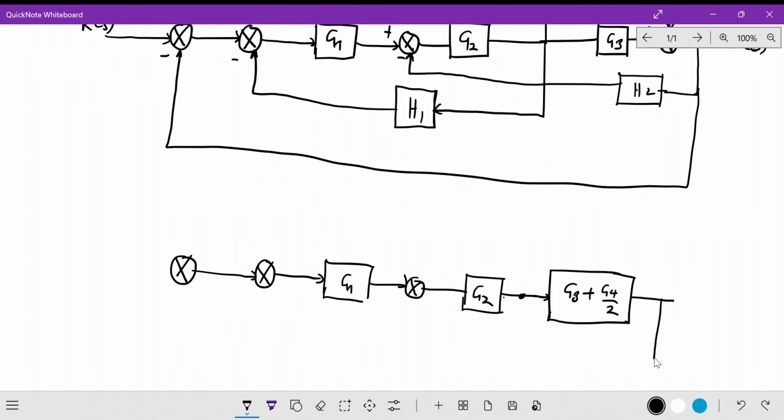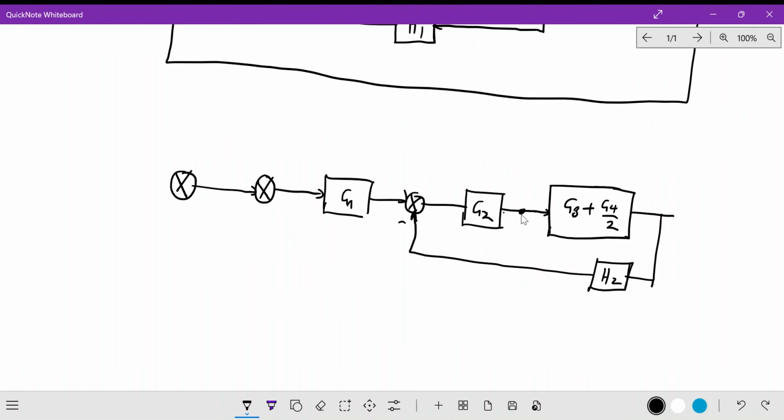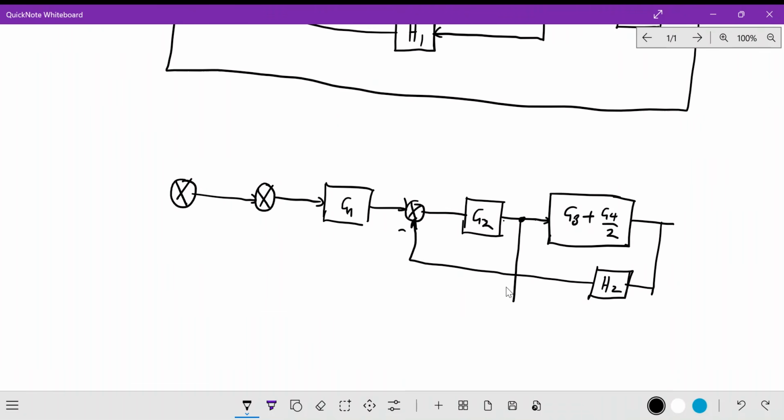So we have the first takeoff point, which is H2. This H2 is connected to this summing point and it's negative. And you also have this guy, which is H1.